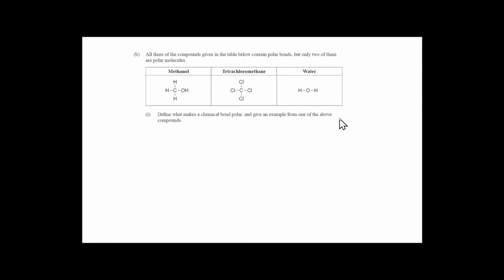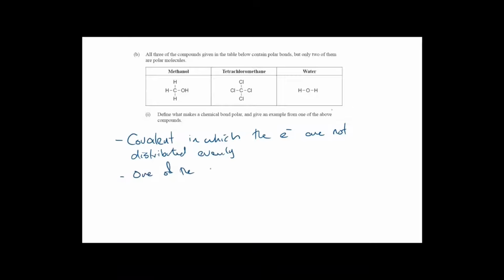So a polar bond is a type of covalent bond in which the electrons are not distributed evenly. So what does that mean? It means that one of the atoms is more electronegative than the other.